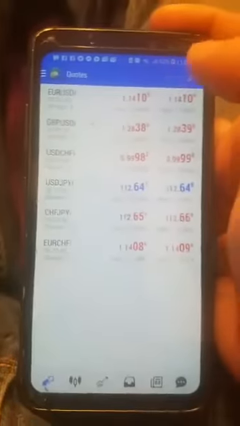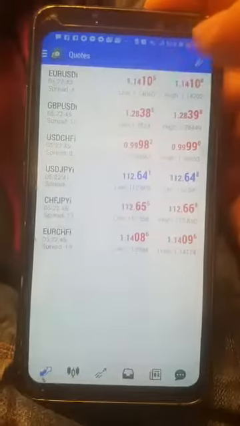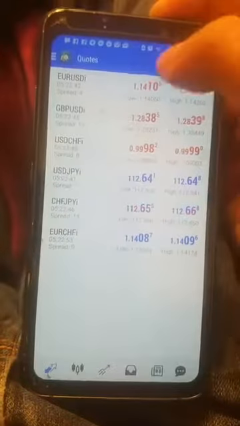Anywho. So, let me swap this over. We're going to go to our MetaTrader 4. And you're going to be here, looking at your MetaTrader 4. And what we're going to do is hit this little plus sign. I got a Samsung, it may be different for you iPhone users.